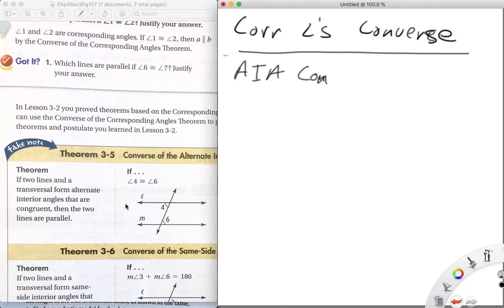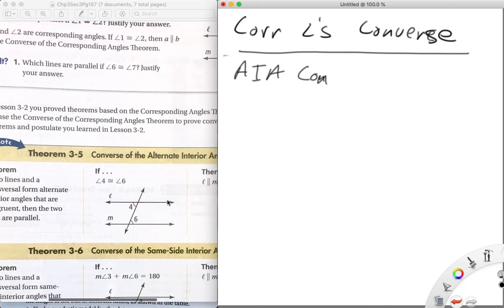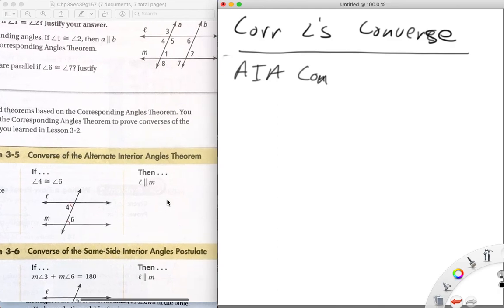It says if two lines and a transversal form alternate interior angles that are congruent, then the two lines are parallel. So if I have a transversal cutting across two lines and alternate interior angles are congruent, and I know they're congruent because the markings here tell me so, then these two lines must be parallel. That is the converse of alternate interior angles.